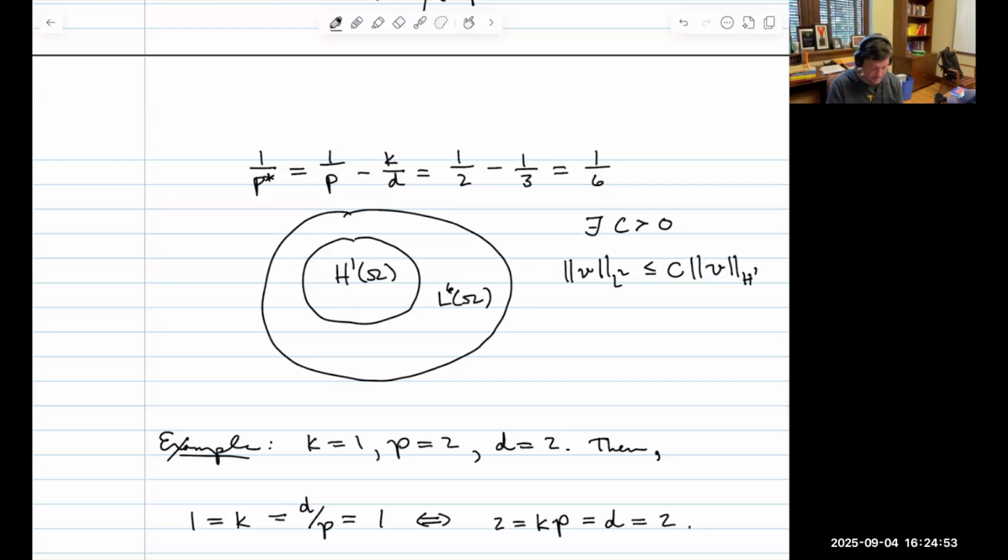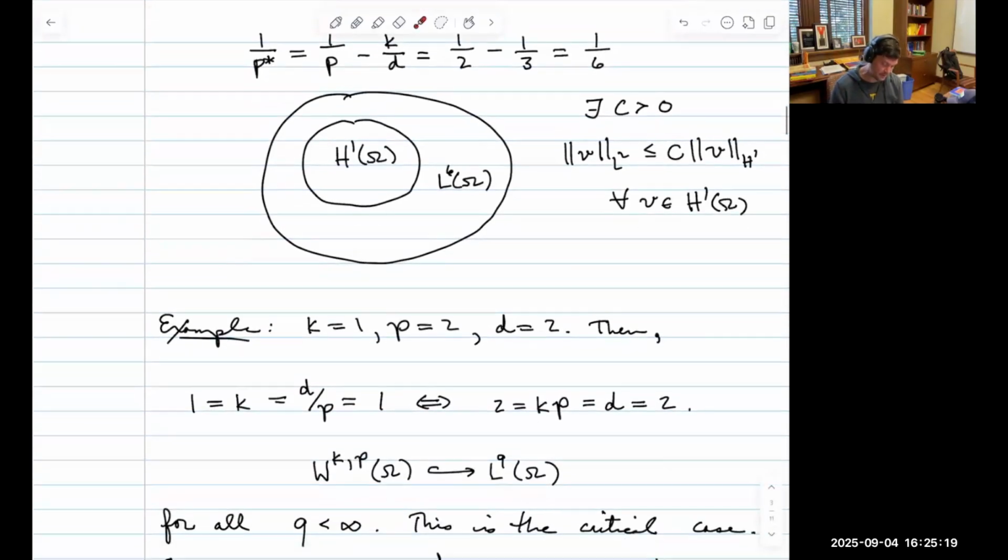Because if I can find one constant, then that constant plus one still works for all V in H1. Okay, so there's two parts to continuous embedding. There is the fact that the functions live inside this space, and we also have the continuity of the embedding operator. The embedding operator, that's right.